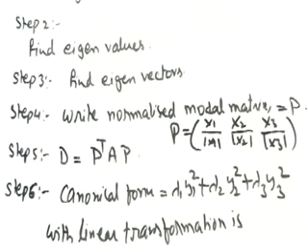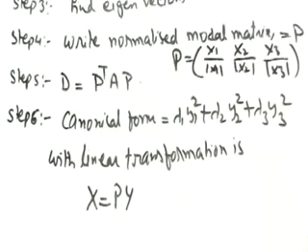Now the diagonal matrix is given by D equals P transpose A P. Now the canonical form can be written as lambda 1 y1 square plus lambda 2 y2 square plus lambda 3 y3 square, with linear transformation x equals Py. You just write all these steps and revise them. Inshallah, we will do one question based on these steps.